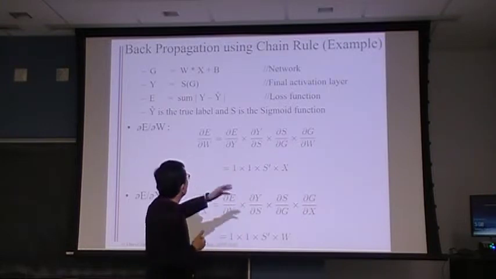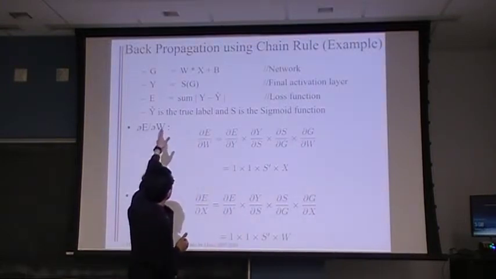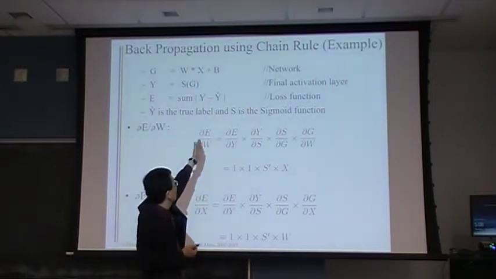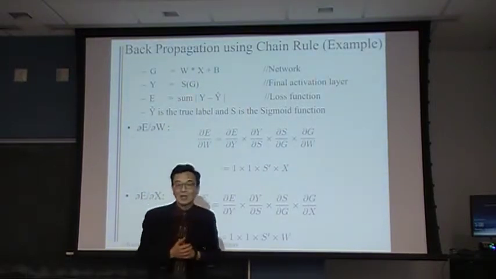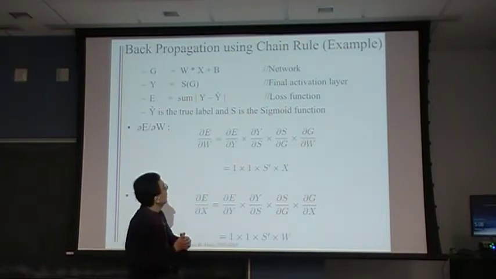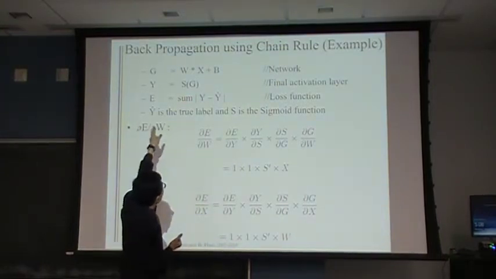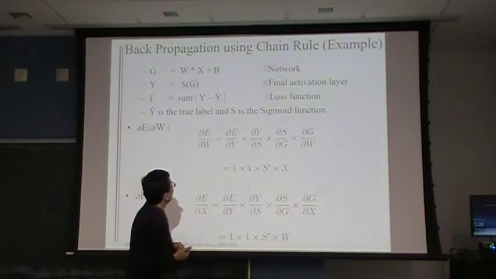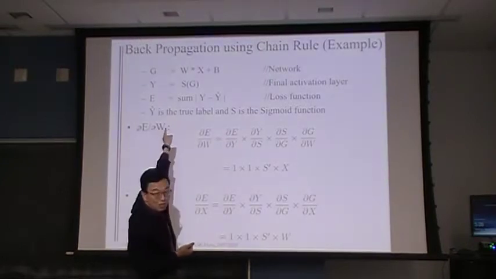So basically, we have let's say the network, and the simple network could be a linear function, w times x plus b. W is the weight, x is the input, and b is the bias, right? So we have that simple function, and then we define the final output to be an activation layer, which is s of the final linear output g.